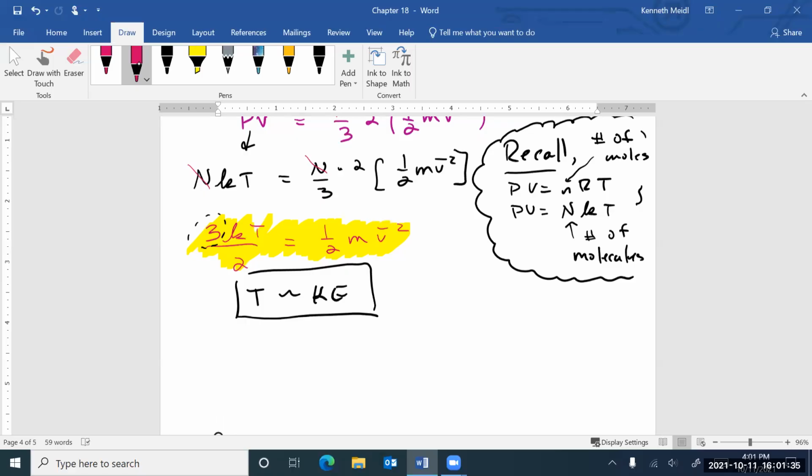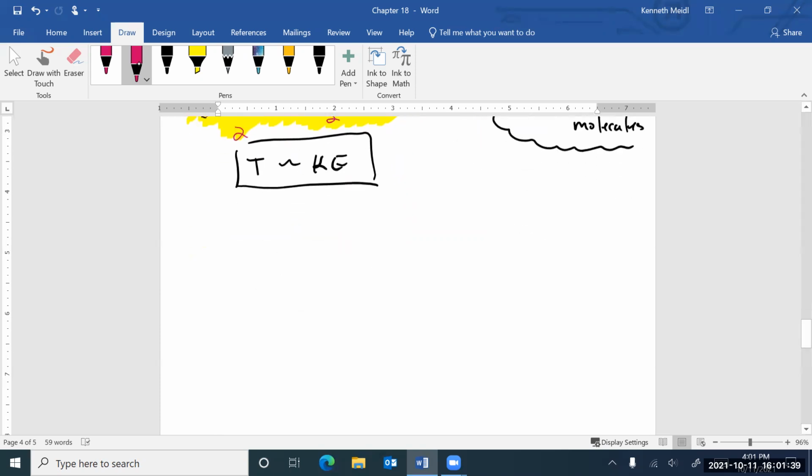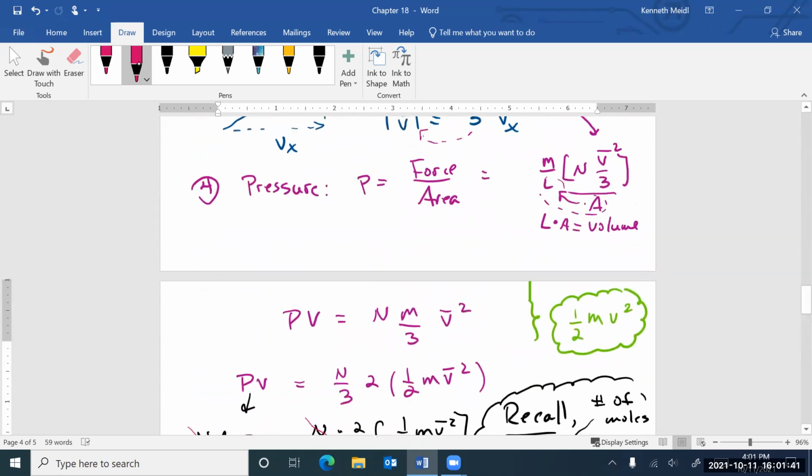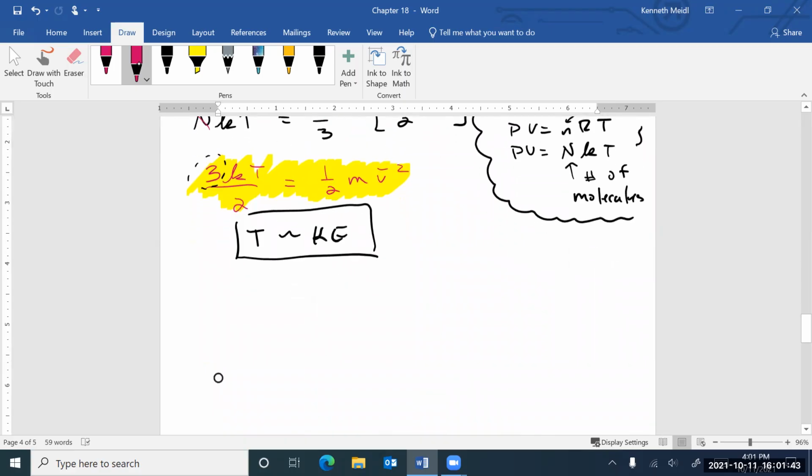And let me see where I'm at here. This is number 4. So let's call this number 5 here. And that's this idea that we've been kind of skirting the issue of, this idea of heat. And what is heat?